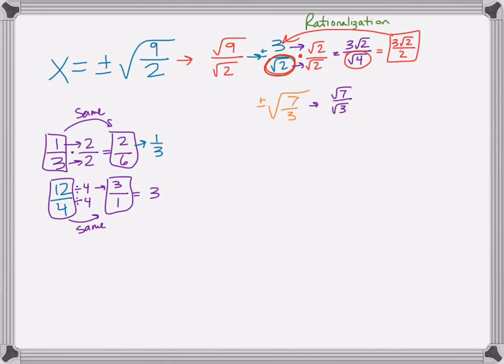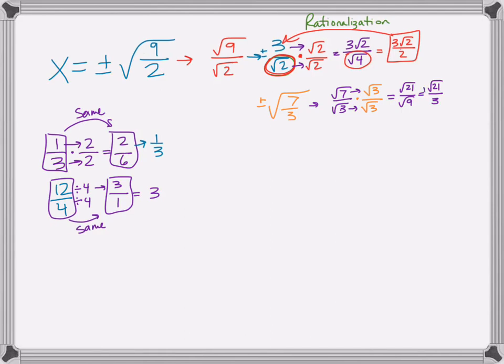So I'm going to multiply radical 3 on the bottom and radical 3 on top. Multiplying straight across, since these are both square roots, 7 times 3 is radical 21. Radical 3 times radical 3 is radical 9, which becomes a 3, and radical 21 just stays because you can't simplify it.